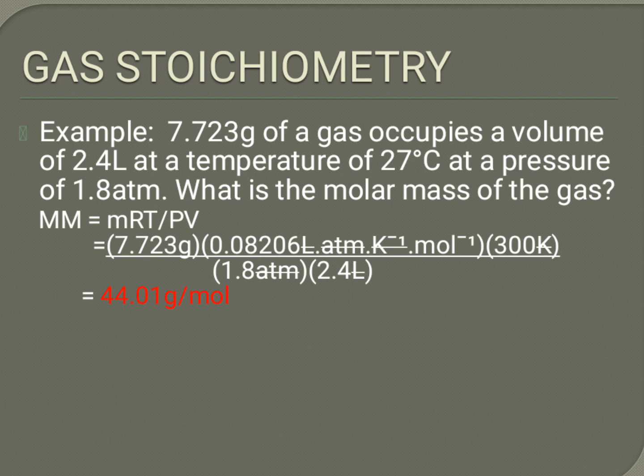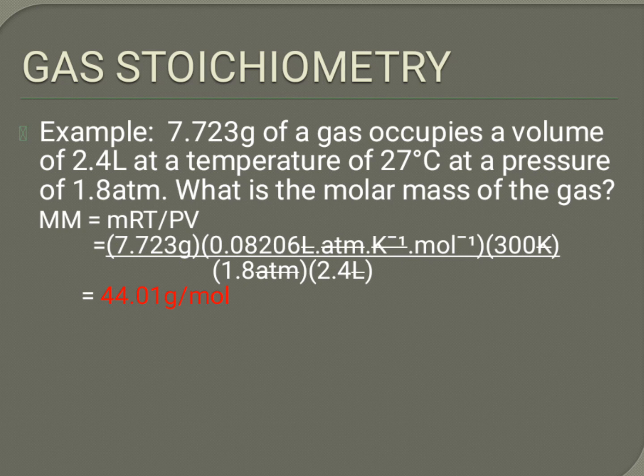So now we can answer part A. Let's plug in what we have. We have the mass in grams, which is 7.723. We have the R value, which we know to be 0.08206, and the units are liters times atm divided by moles times Kelvin, and then we have the temperature. It's 27 Celsius, but we need to convert that to Kelvin.